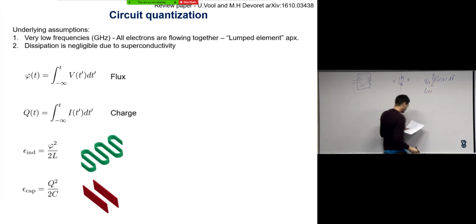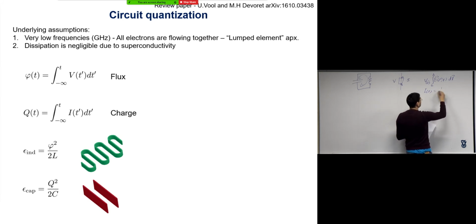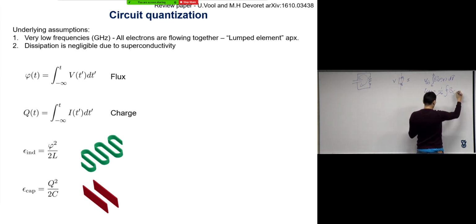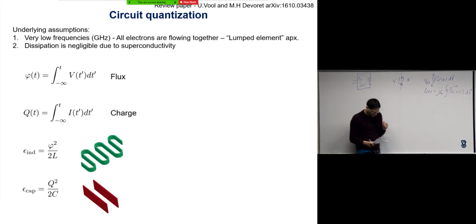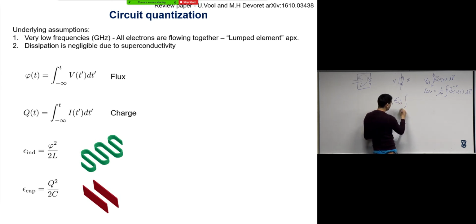I of t is the integral in a loop around this element of B(r,t) ds. And the energy of such an element is basically the integral from minus infinity, where let's say the energy is 0. You can also write here t0, but at t0 the energy is 0, to some time t.